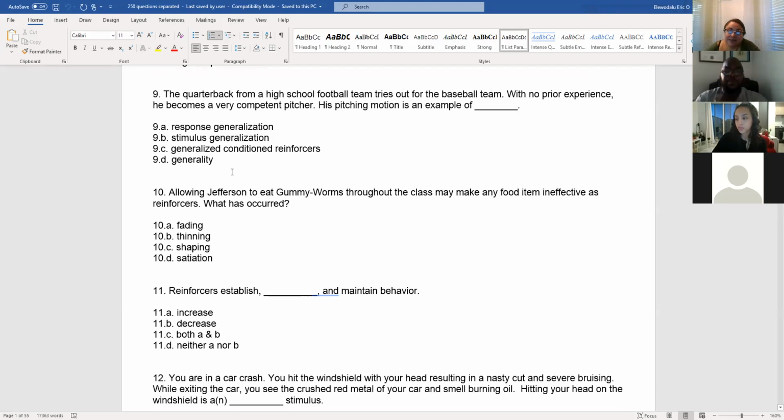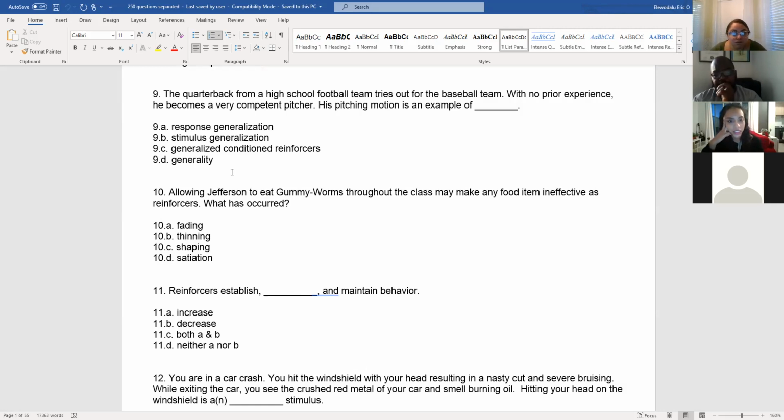The quarterback from a high school football team tries out for the baseball team with no prior experience. He becomes a very competent pitcher. His pitching motion is an example of generalization. You have to decide between the response or stimulus, and it kind of tricks you, because it's actually the response that's changing.